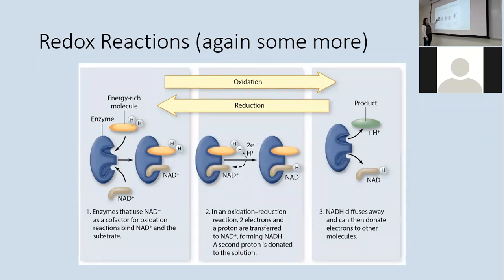We just have an enzyme, I've got an organic molecule I want to break down, it plugs in, and I've got my NAD cofactor. We're going to oxidize this molecule, break some bonds, and pull off a proton and 2 electrons. NADH is going to pick all this up and then take it to whatever the next step is in the process.